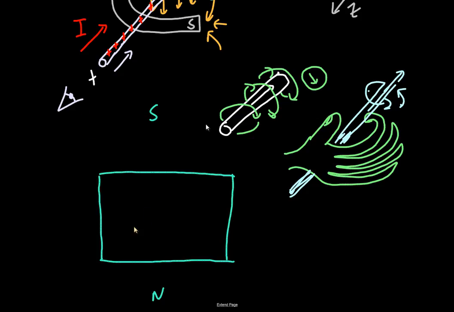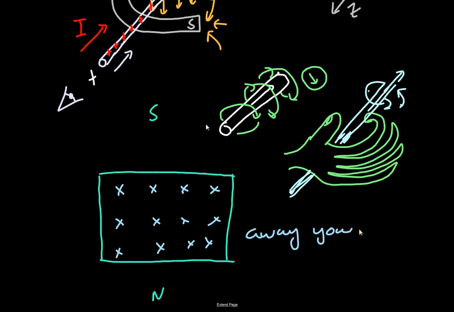So what we're going to see is the magnetic field, but we're going to see it end on, going away from us. There's a way to draw this that's agreed upon, and it is using little X's. So if the field is passing away from you, you draw X's.